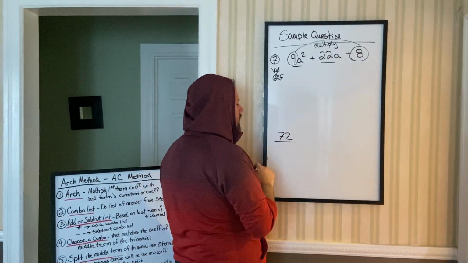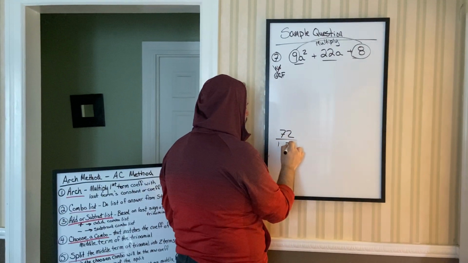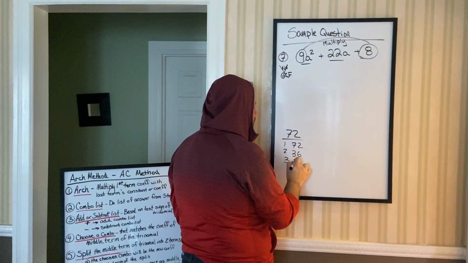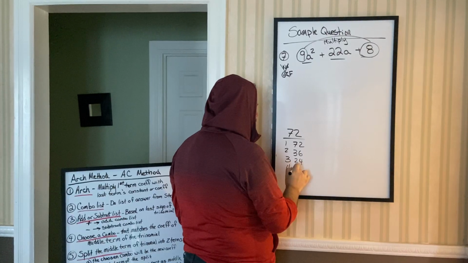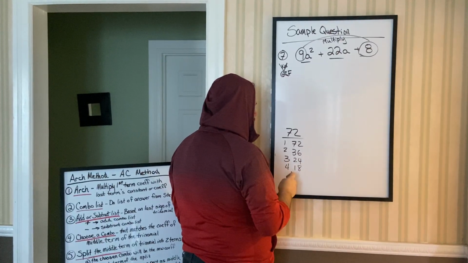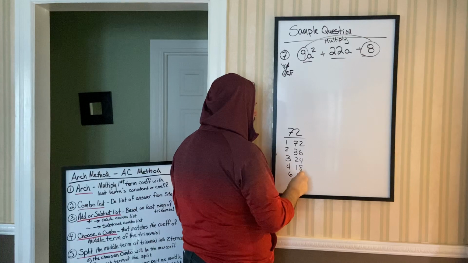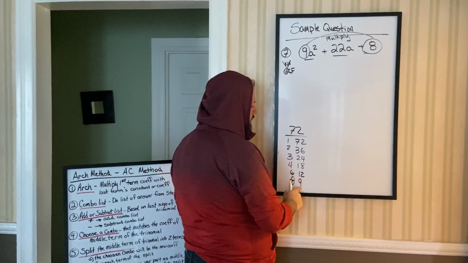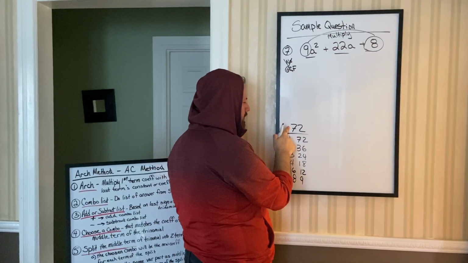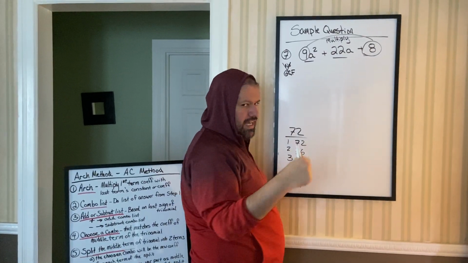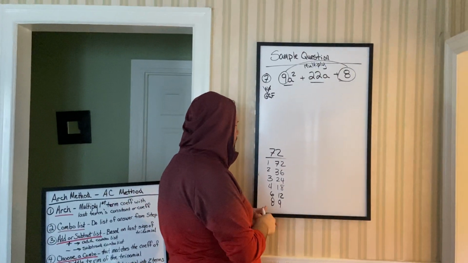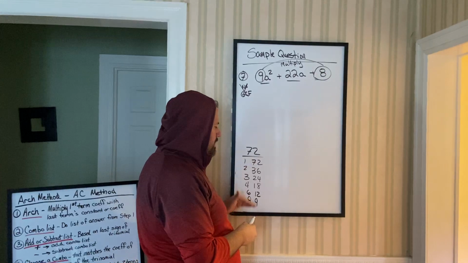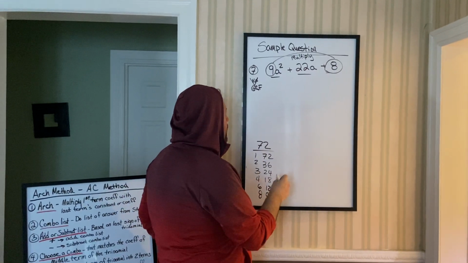Step 2, do all the combos of that answer of 72. 1 and 72, 2 and 36, 3 and 24, 4 and 18, 5 doesn't go in there evenly, 6 and 12, 7 doesn't, 8 does, 9 does, but it's already on the board. And all I did was divide each one of them in the calculator to make sure it goes in as a whole number. If it goes as a remainder or decimal, do not put it up here.